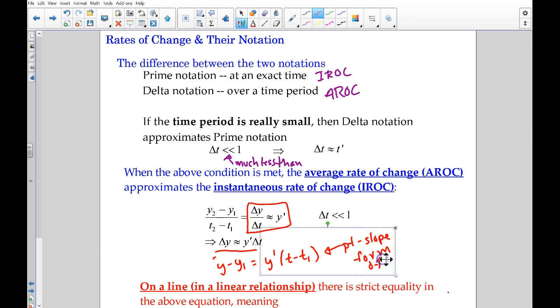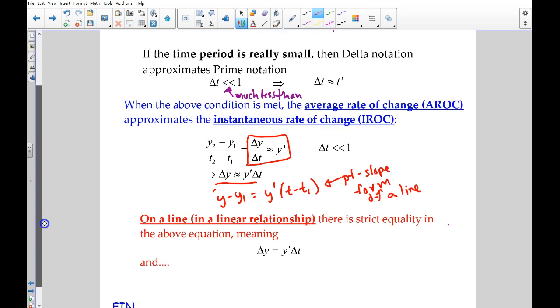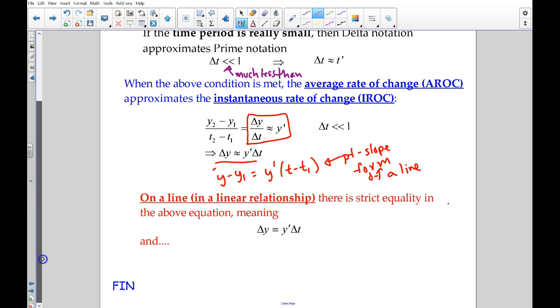Okay, and then again, when you have a linear relationship or you're working with a linear model, you actually get true equality, and that's where you get that point slope form, and you can rearrange it.